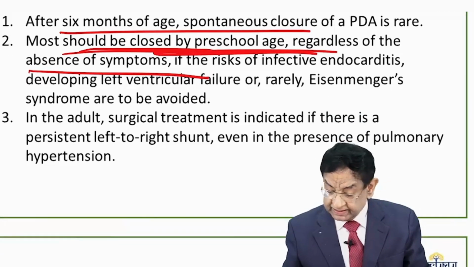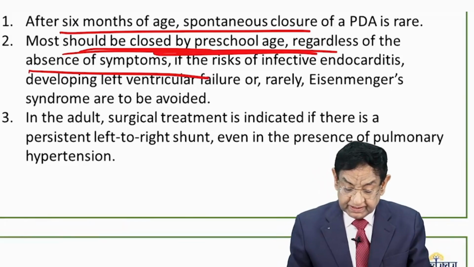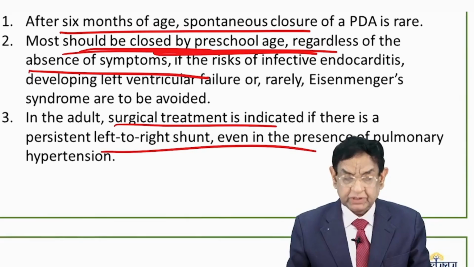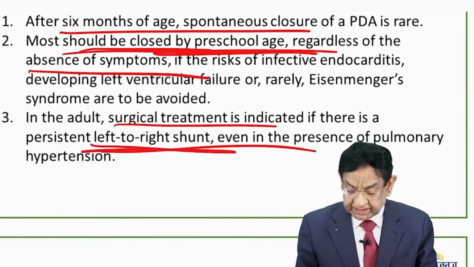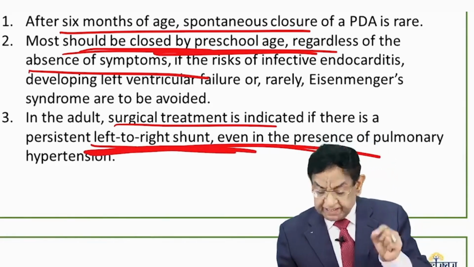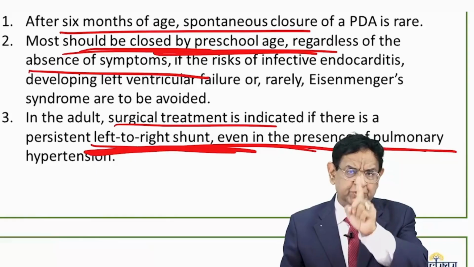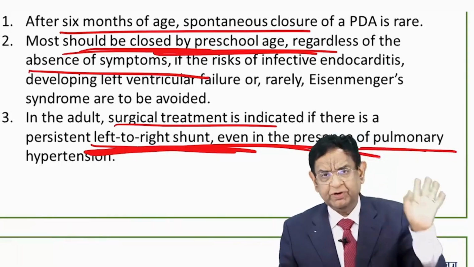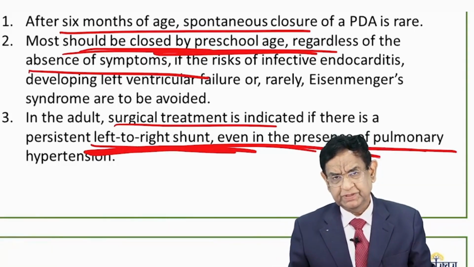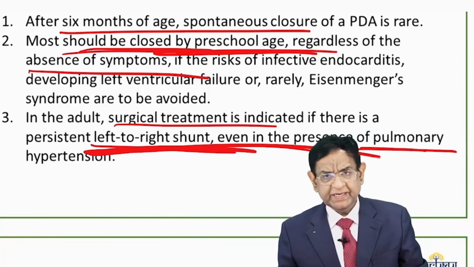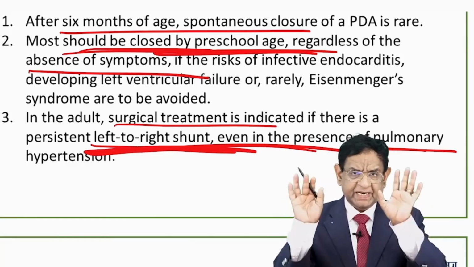Well, in adults also, as long as left to right shunt is there, even if PAH is there, get it operated. This is true for VSD also. So remember, indications of surgery in VSD and PDA are the same.